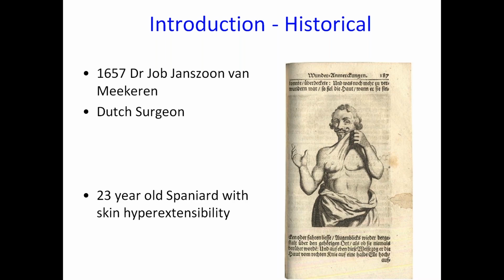And you can see a pictorial from that, and you'll notice that the skin is hyperextensible. And this was a 23-year-old that he described. What was a bit unusual is that his hyperextensibility was localized, suggesting a very unusual, discrete form of EDS. But as you can see, the skin hyperextensibility was recognized way back in the mid-1600s.